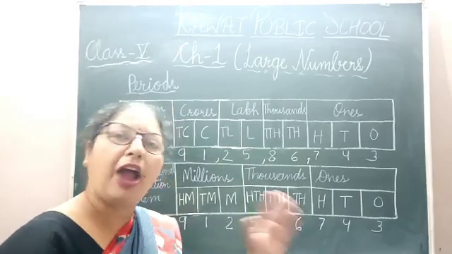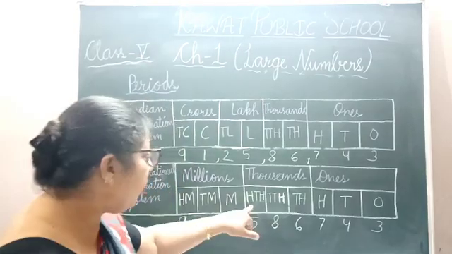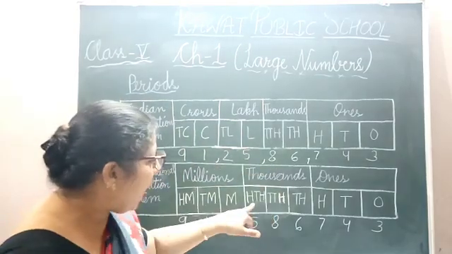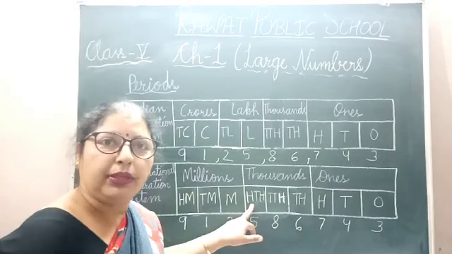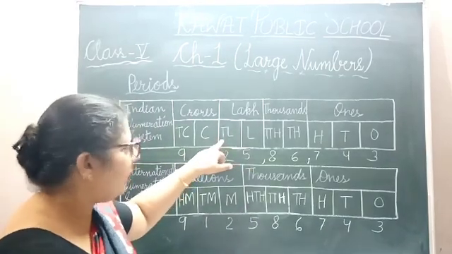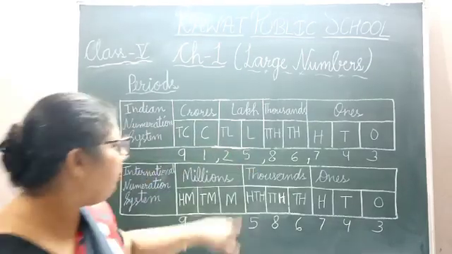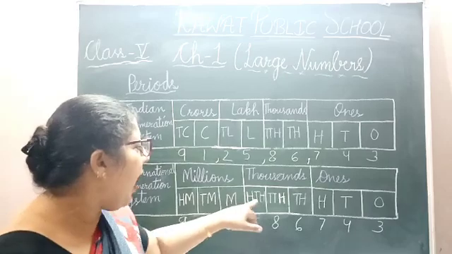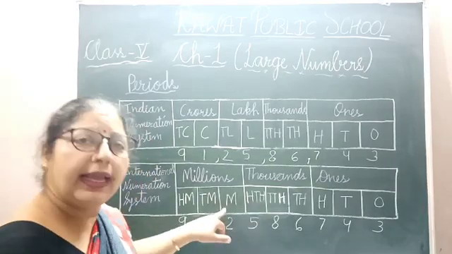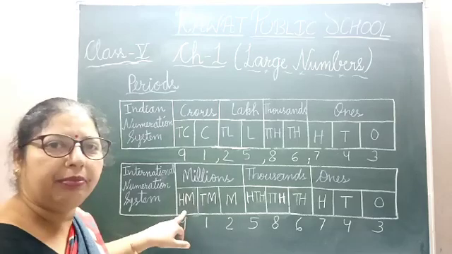In the Indian system after 10,000 there is 1 lakh, but in the international numeration system after 10,000 there is 100,000. In the Indian system after lakh there is 10 lakh, but in the international system after 100,000 there is 1 million, then 10 million, then 100 million.